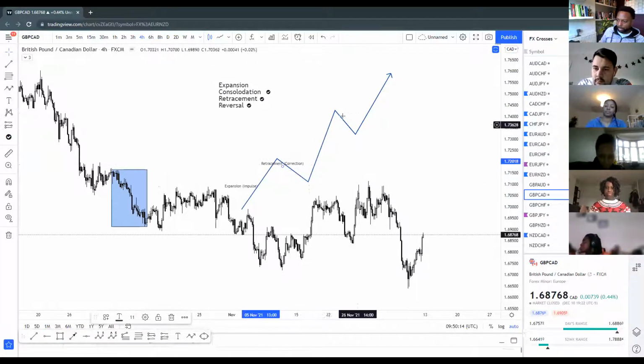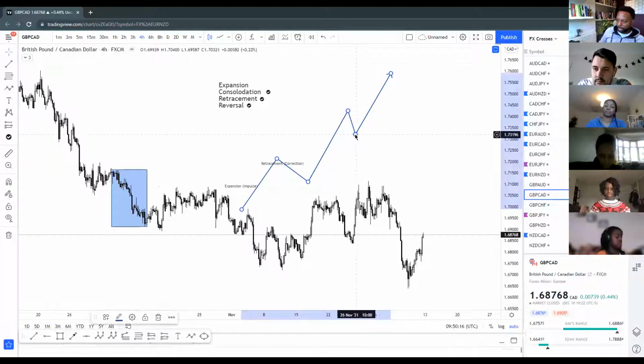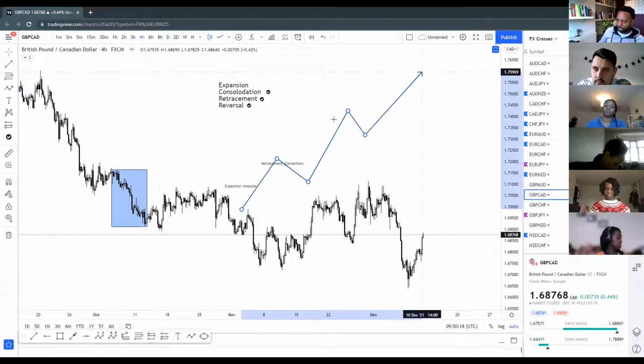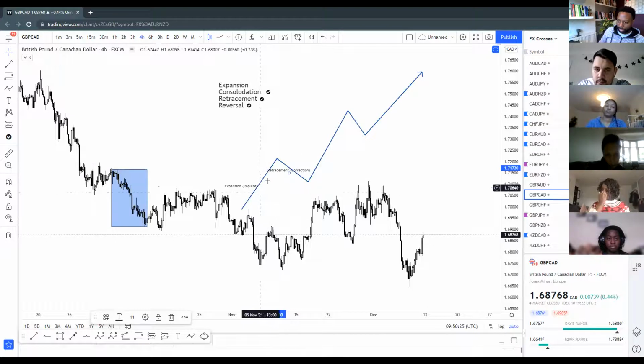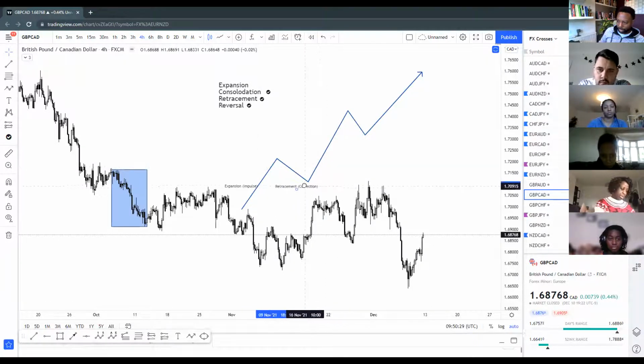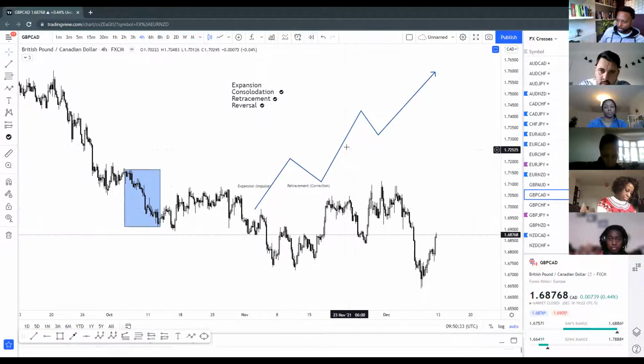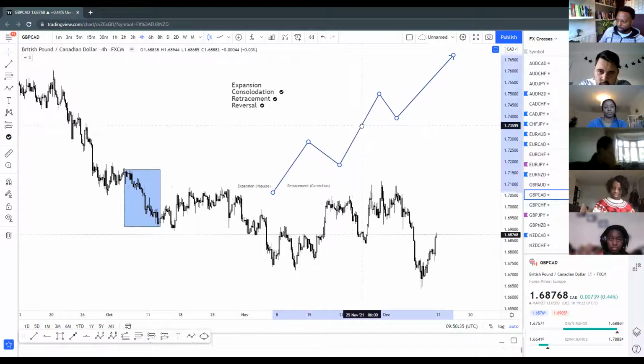I'm trying to find the right place to put this. Let's put it there. You can see what I mean, right? It's that little correction bit. No, I'm going to do this properly. Hold on a second. It's important.